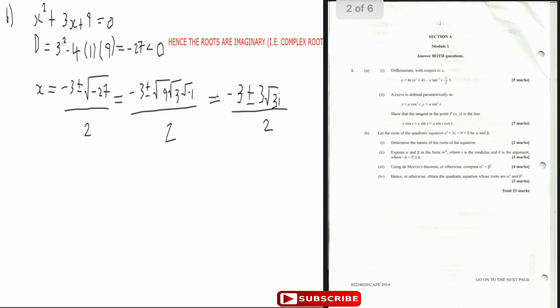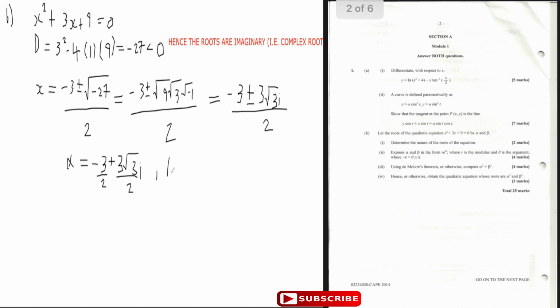All right, that's what I'm getting. So you can call one of the roots alpha. Alpha is equal to minus 3 plus 3 root 3 i. And remember, both terms are divided by 2, so alpha is minus 3 over 2 plus 3 root 3 over 2 i.